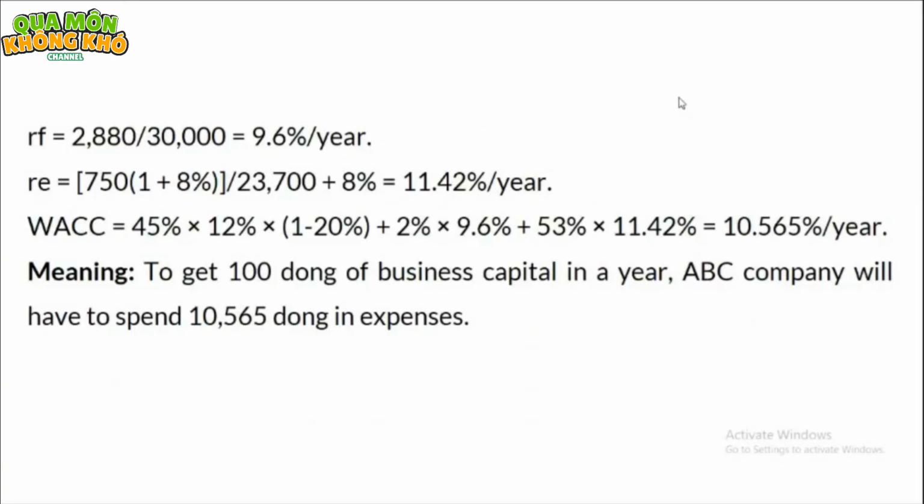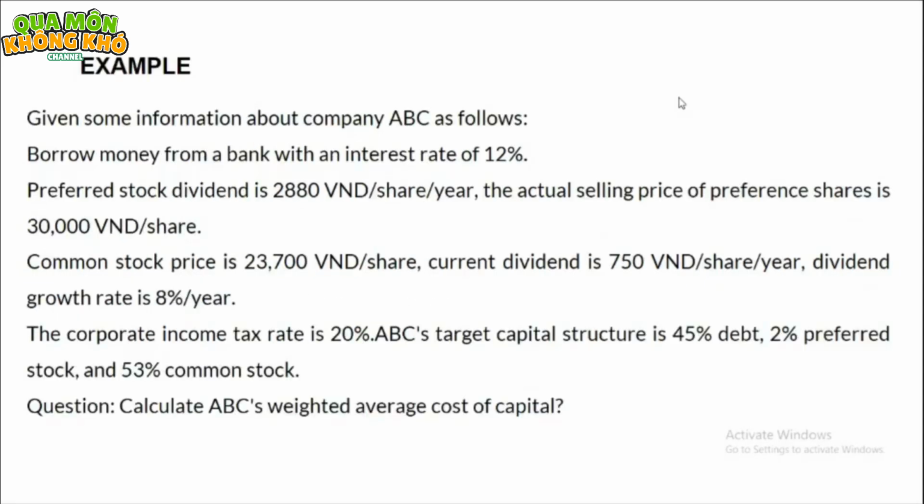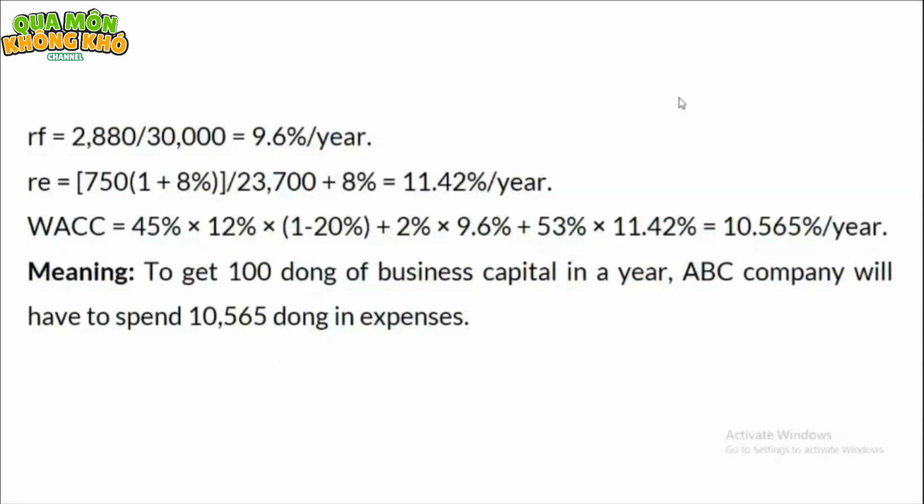Finally, the cost of equity is 53%. 50% common stock, we will multiply by 11.42%, and we will have 10.565% a year.